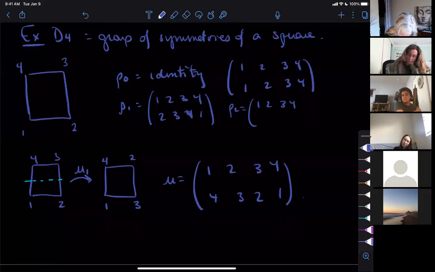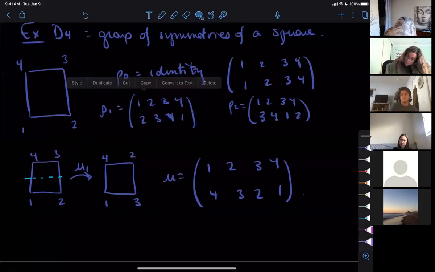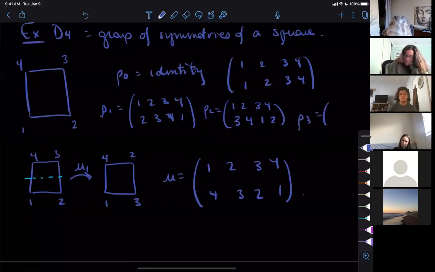So if I rotate twice, 1 goes to 3, 2 goes to 4, 3 goes to 1, 4 goes to 2. Should have thought of an organization of this before I really got started here, but this is what I did. If I rotate 3 times, then 1 goes all the way around to 4.